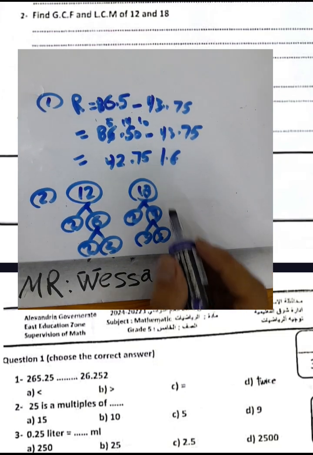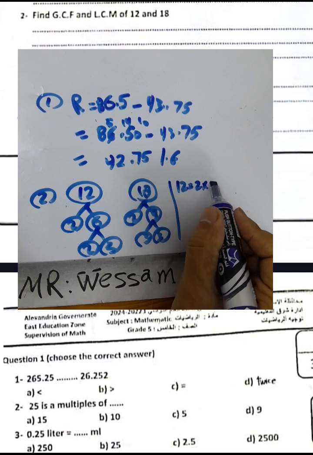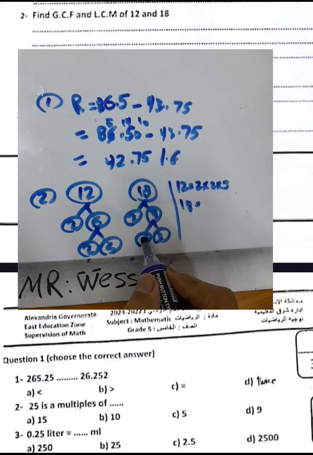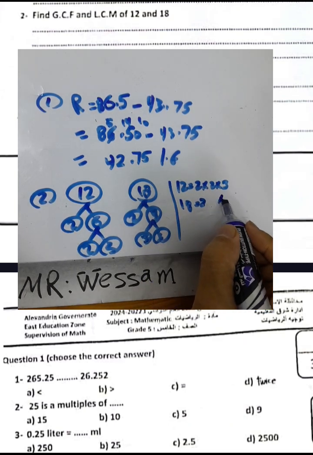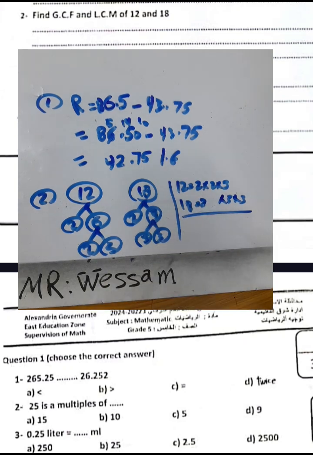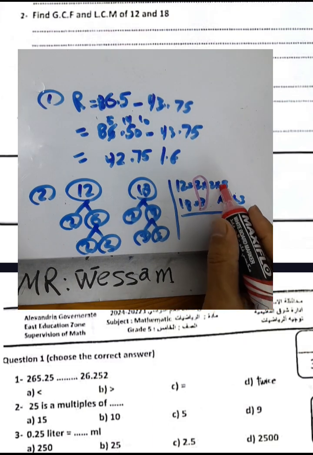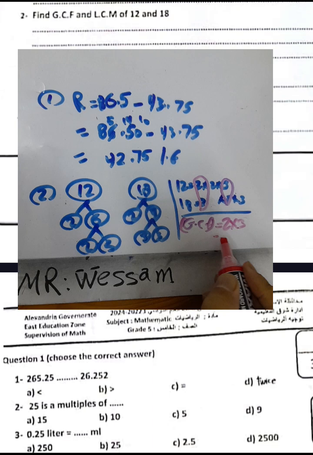Then we can write 12 equals 2 times 2 times 3, and 18 equals 2 times 3 times 3. Then we circle the common factors between them, 2 and 3. The greatest common factor will be 2 times 3, which equals 6.